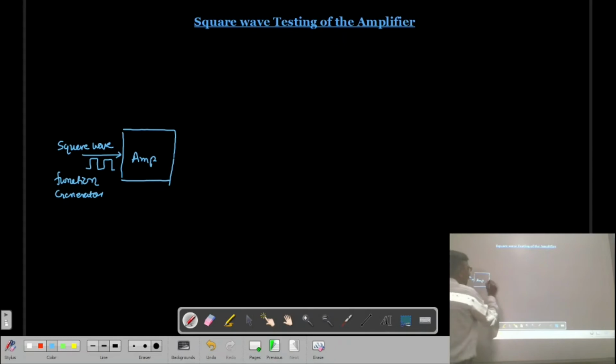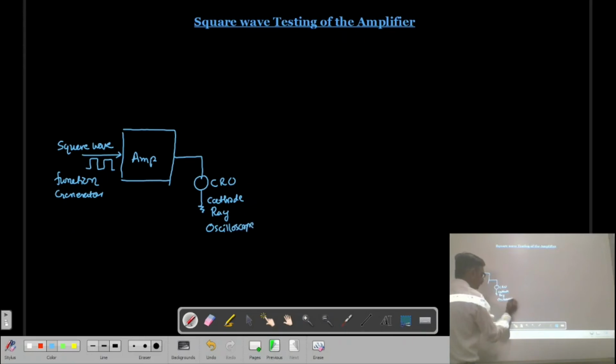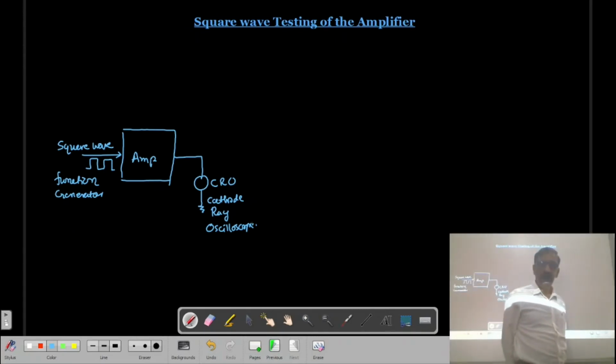The amplifier is connected to an instrument known as the CRO, the cathode ray oscilloscope, which gives you a visual representation of the output of the amplifier.